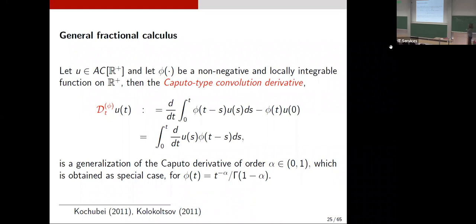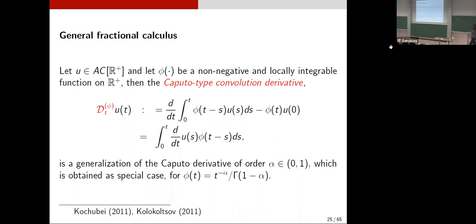Of course, we must add some conditions on this kernel. It must be a non-negative and locally integrable function on R+, and then we will see other assumptions that must be satisfied in order to have also a right inverse of this operator, in some sense, of this derivative.